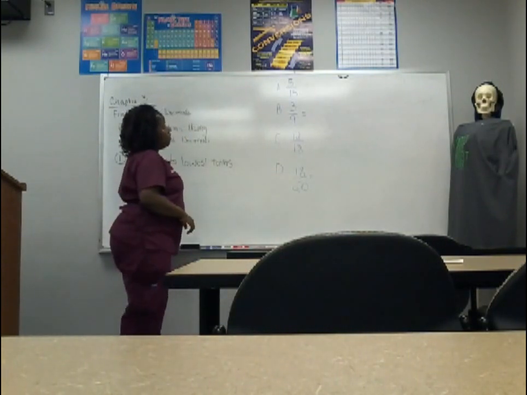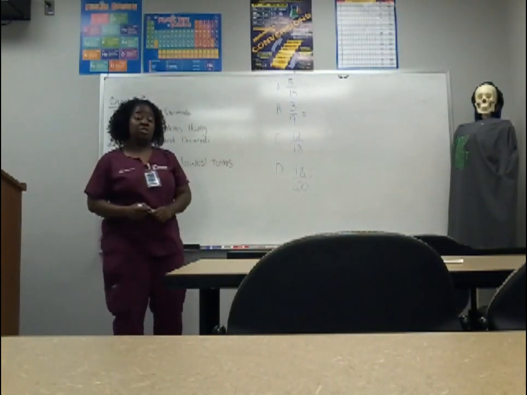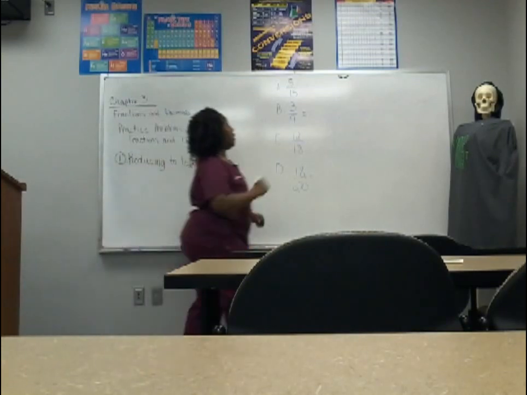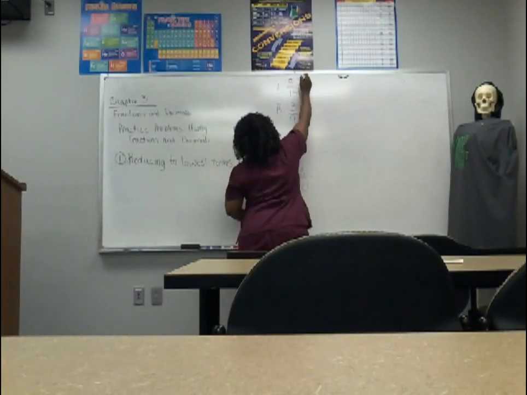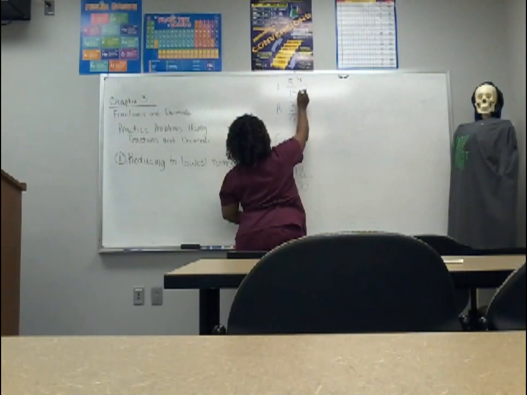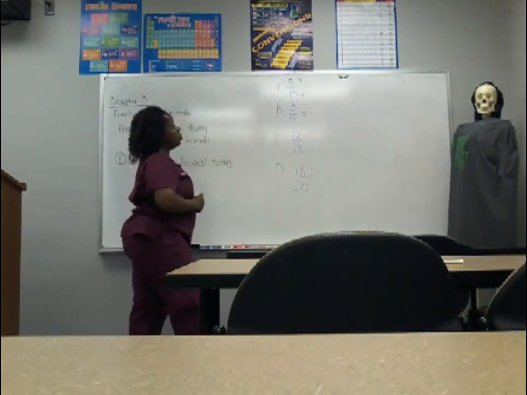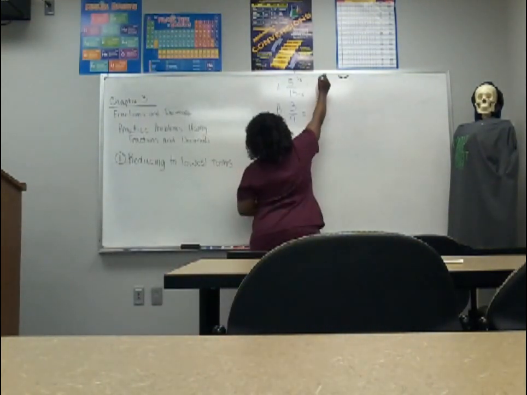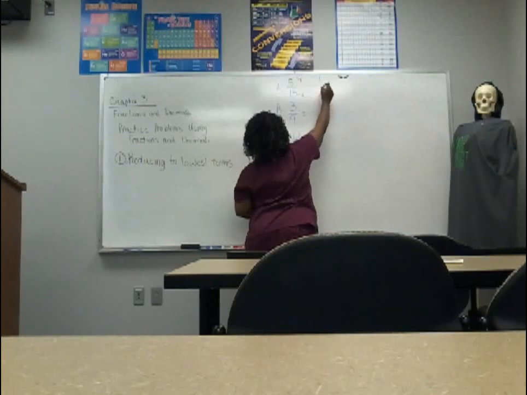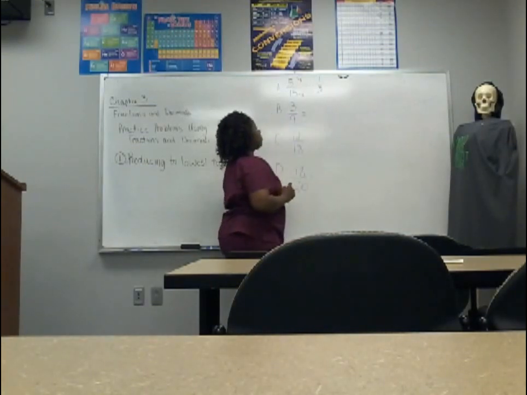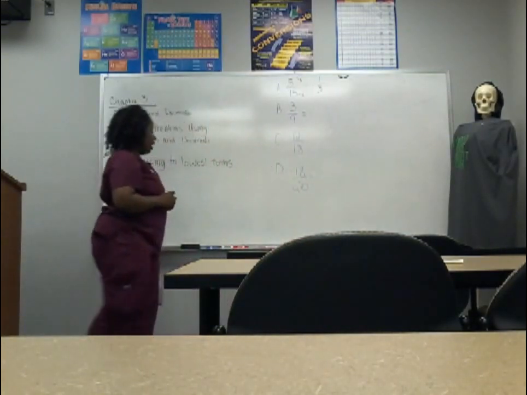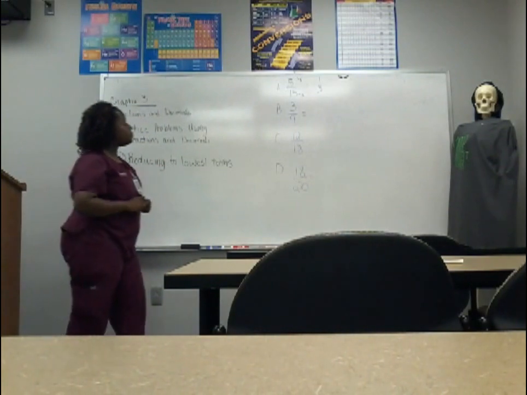And 5 and 15's common multiple is really 5. 15 can be divisible by 5, and 5 can be divisible by 5, to help reduce it to 1 over 3.